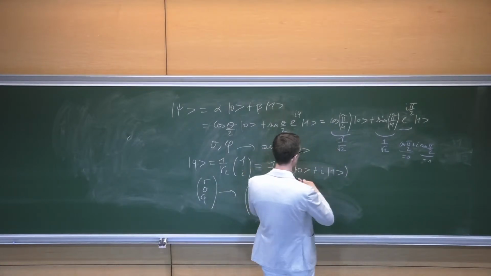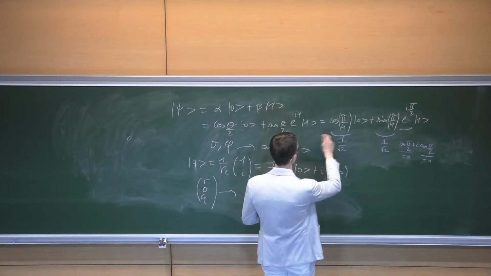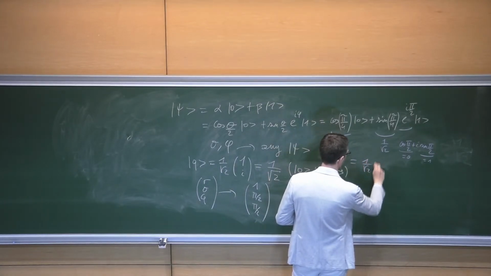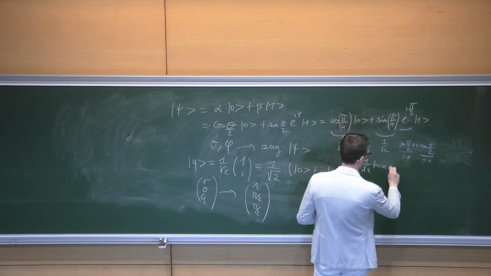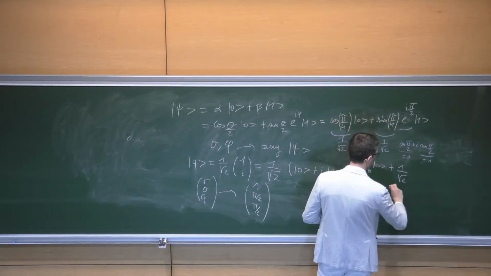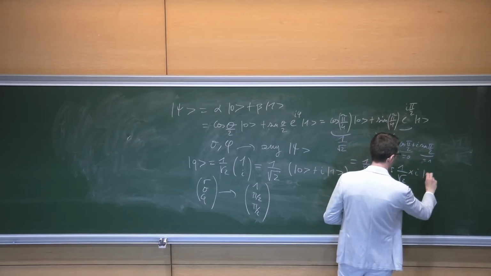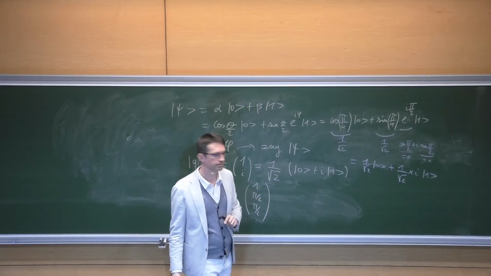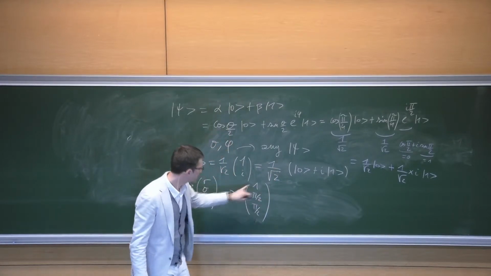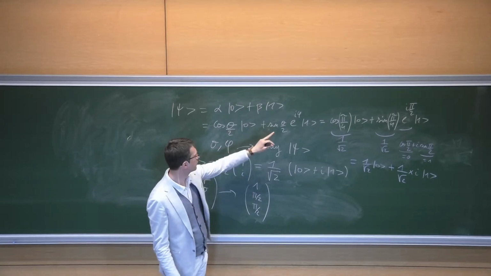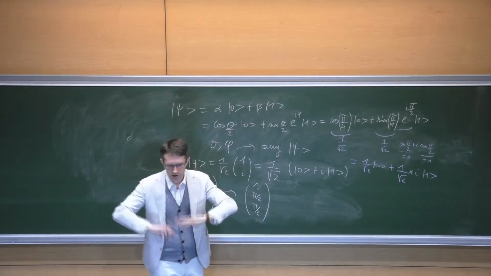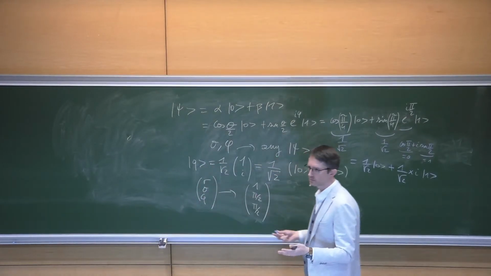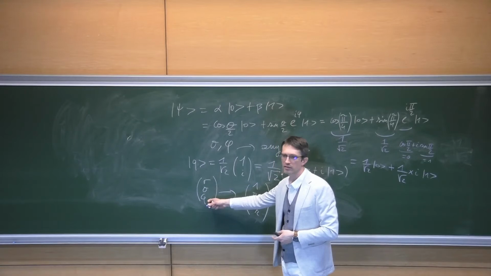What we have is indeed equal to 1 over square root of 2, 0, plus 1 over square root of 2 times i, 1. And this is the same state. So these coordinates for theta and phi give us this state, and I can generate any state of a qubit by changing theta and phi.